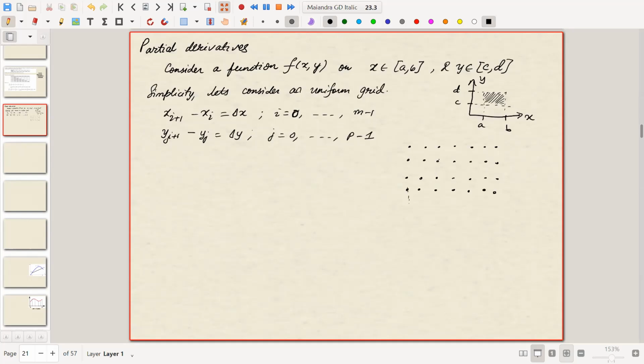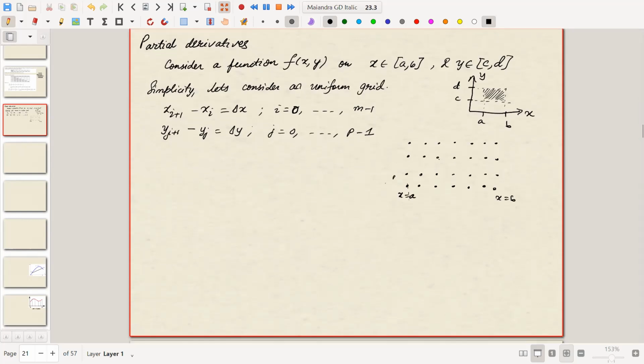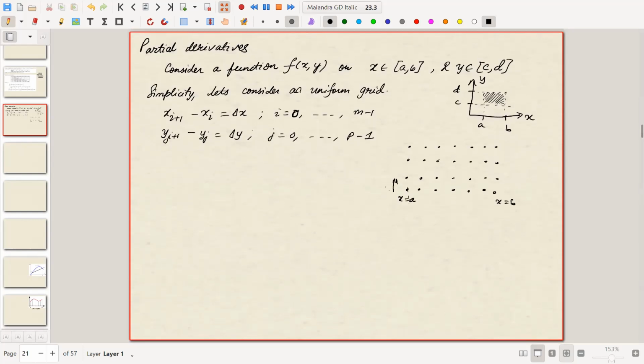This can be your x equals a to x equals b, and similarly we have the y axis as well. This spacing here is delta y, and this one here will be delta x. You understood delta x and delta y, right?